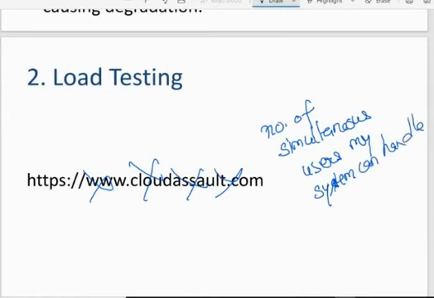Right, I'll show you some examples on that as well. And here what happens is that, let's say, normally my response time is 500 milliseconds. During the peak hours, my response time is, let's say, 450 milliseconds. Then also I consider that the product is fine. Right. So that's how we go ahead with this.